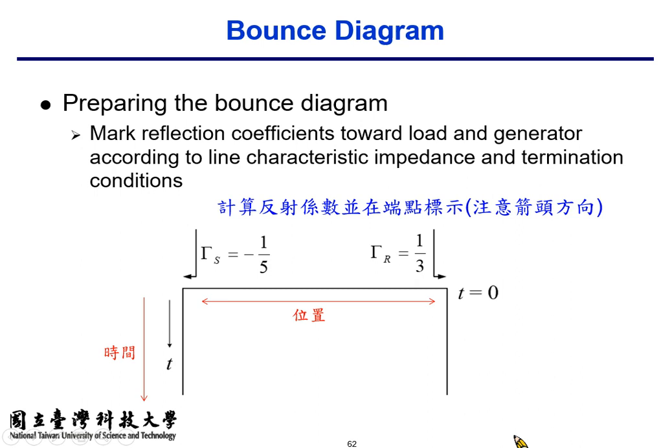They are the time axis, so t equal to 0 is at the very top, and t becomes larger as you go down the plot. Then you should draw the reflection coefficient looking to the source and the reflection coefficient looking to the load, which are minus 1/5 and 1/3 respectively.